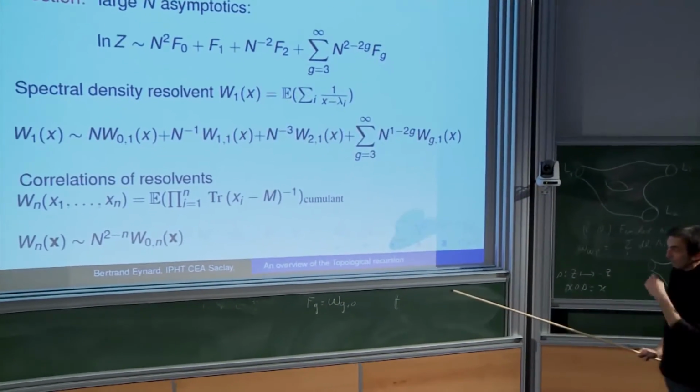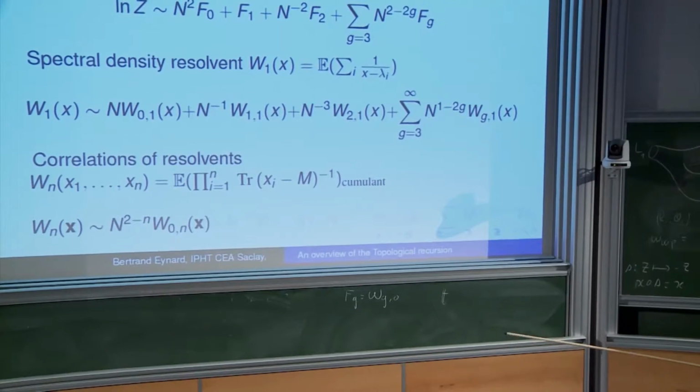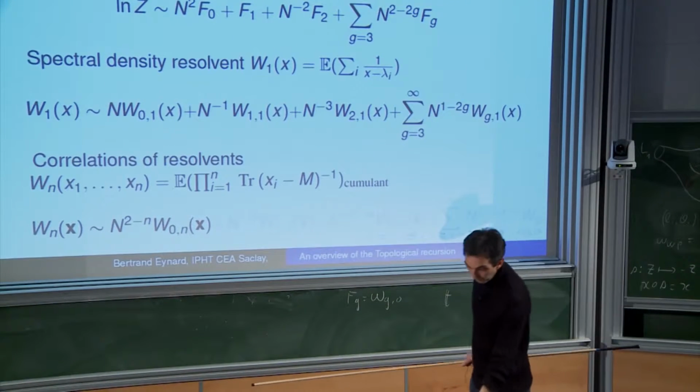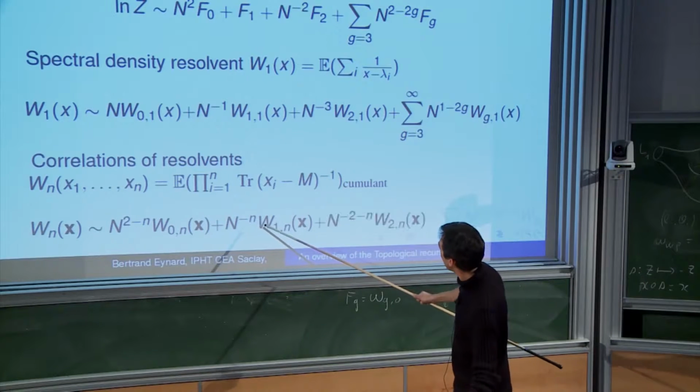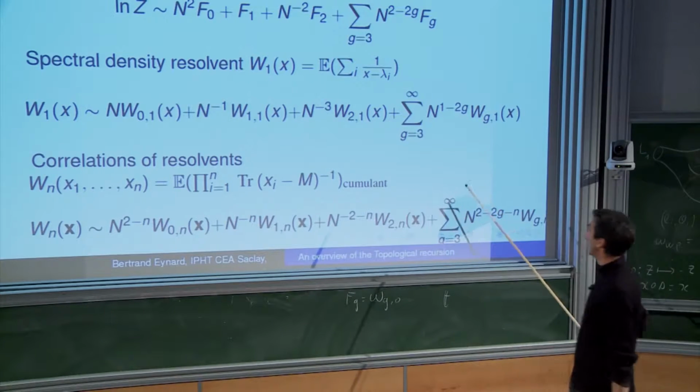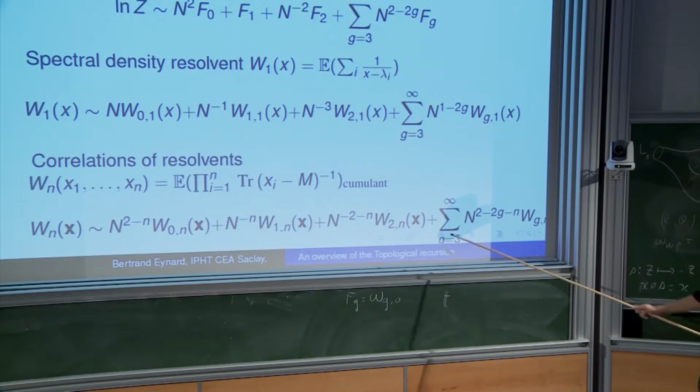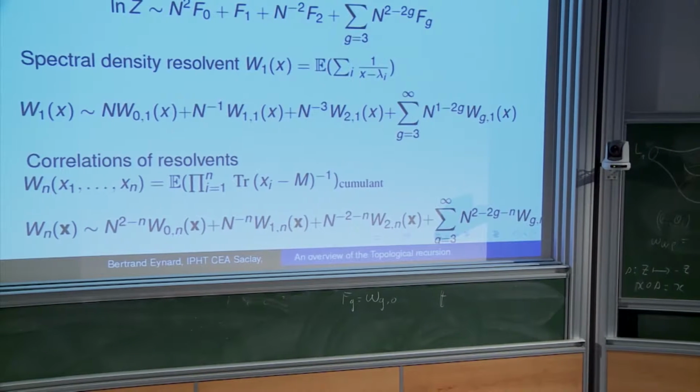This is not so obvious, but that's what you observe. And then again, it goes by even powers of N. And what you want to compute now are all those coefficients, W_g^n. So people were interested in computing those coefficients.